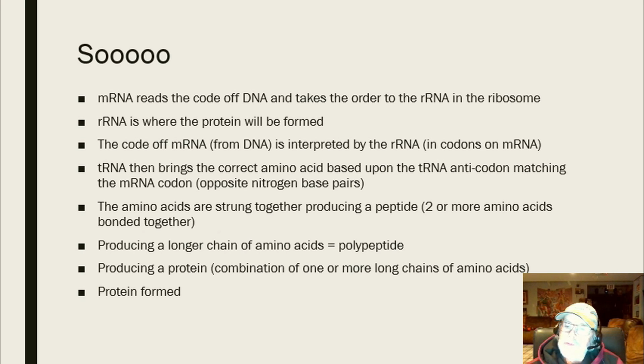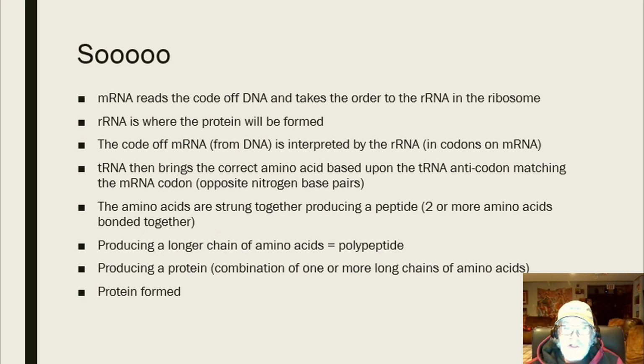So messenger RNA reads the code off the DNA and takes the order to the rRNA in the ribosome. The rRNA is the place where the protein is going to be formed. The code off the messenger RNA, which came from DNA, is interpreted by the rRNA in codons on the messenger RNA, which are triplets, 3 pairs of nitrogenous bases.